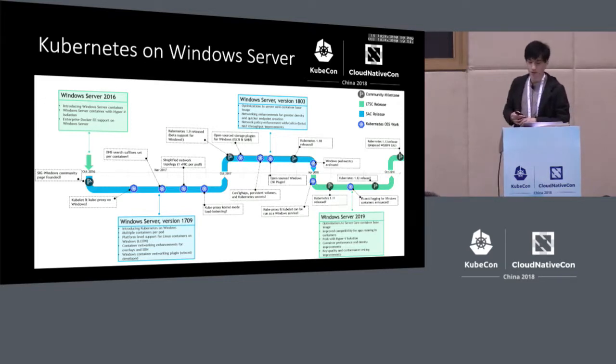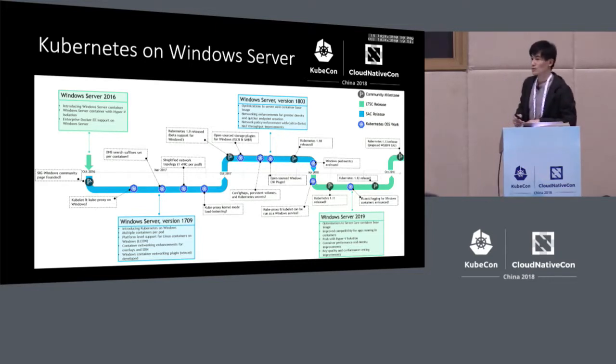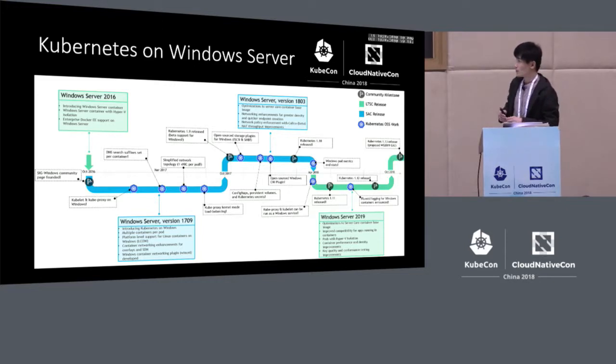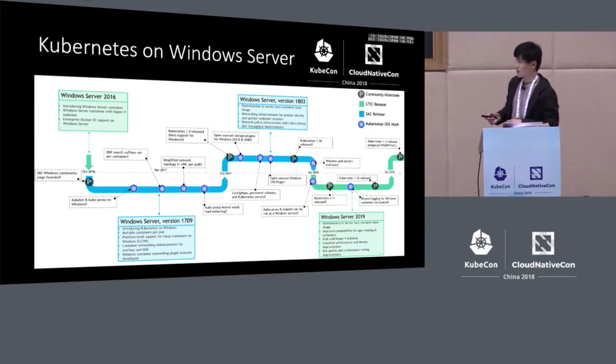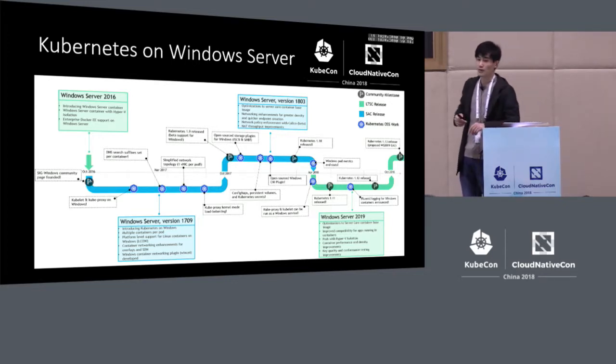We added the basic support for the Kubernetes container, and when it comes to 2019, for the Windows features, it strengthens all kinds of features. And when it comes to 2019, we have released the beta support, and until now, the Kubernetes have released 1.12 version, and now we have the 1.13 version. So for these middle versions, they have strengthened the Windows specifications.